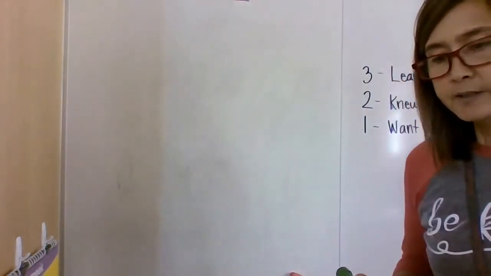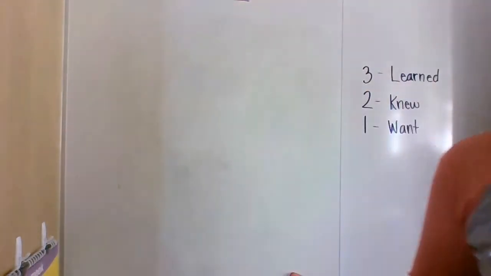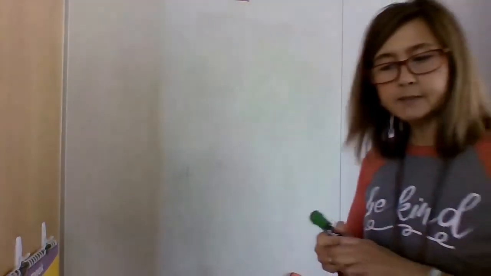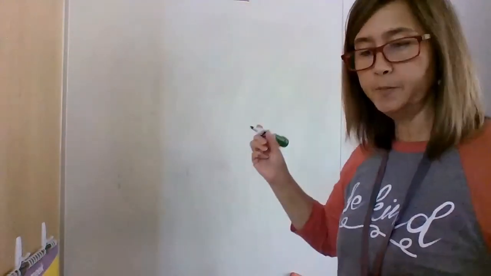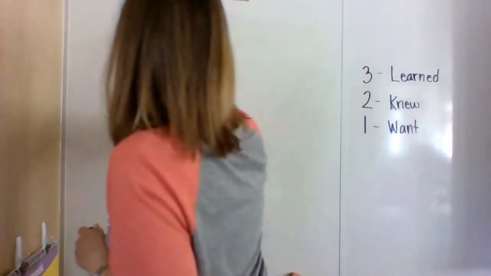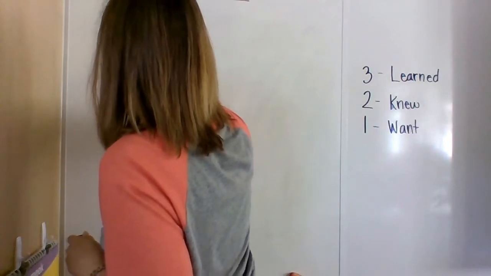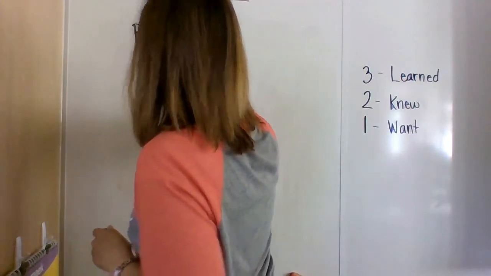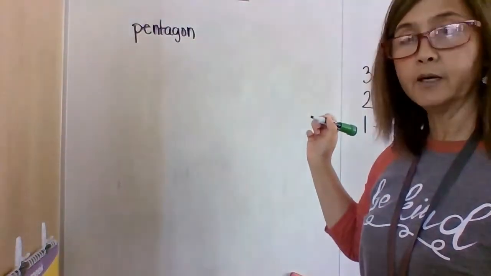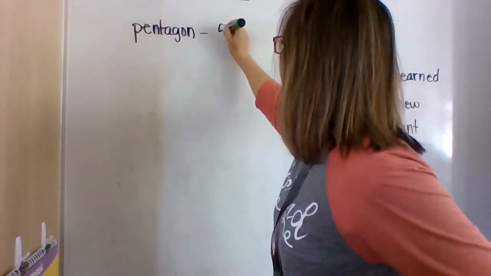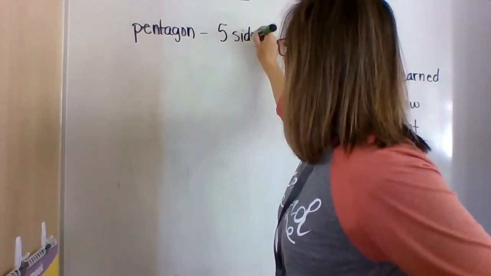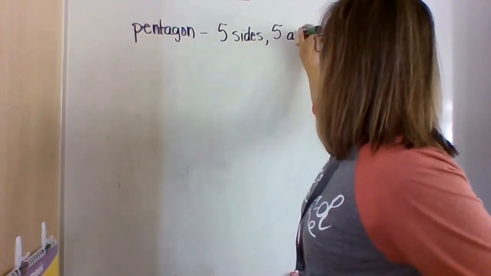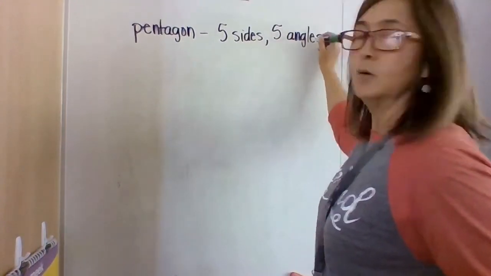So for polygons today, you're also going to learn about pentagons, hexagons, and octagons, okay? So a pentagon is a polygon, and it will have 5 sides and 5 angles. What does that mean?